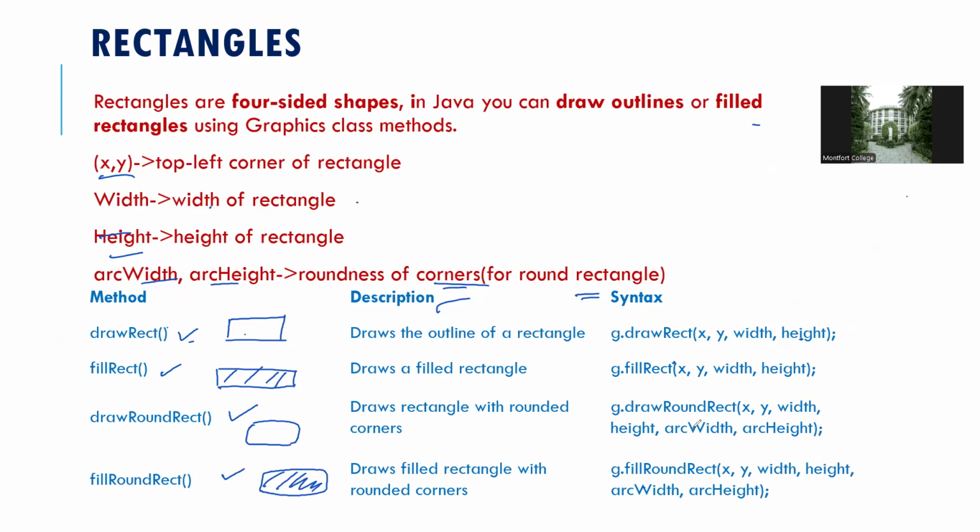For everything here we give width and height, and in the round rectangle case, along with width and height we have to give arc width and arc height, because these four corners we have to make as an arc, which will be like this shape. And for fill round rect we additionally need arc width and arc height.